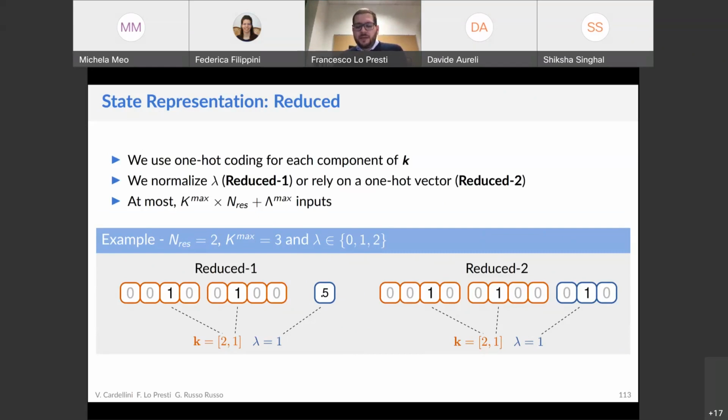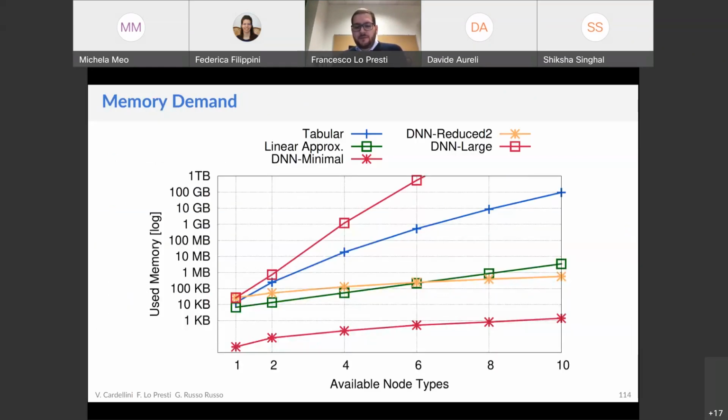And if we look at the memory demand that we have using these different strategies for encoding states, we can see that if we use the large state encoding, we end up requiring more memory than the Q-table would do.